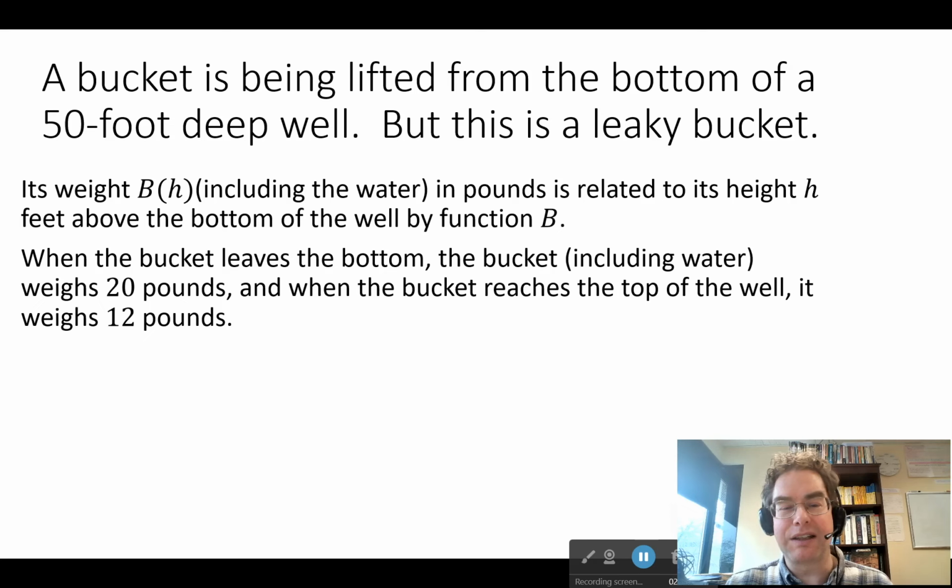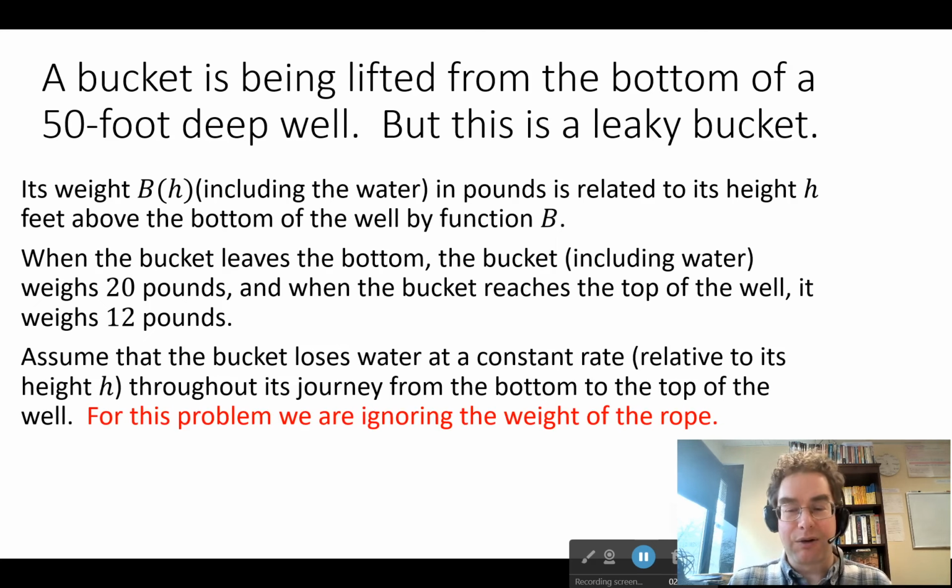By the time it gets to the top, it only weighs 12 pounds. It has lost 8 pounds worth of that water that was initially in it. So we will assume that the bucket loses water at a constant rate. Again, this is relative to its height throughout its journey from the bottom of the well to the top.